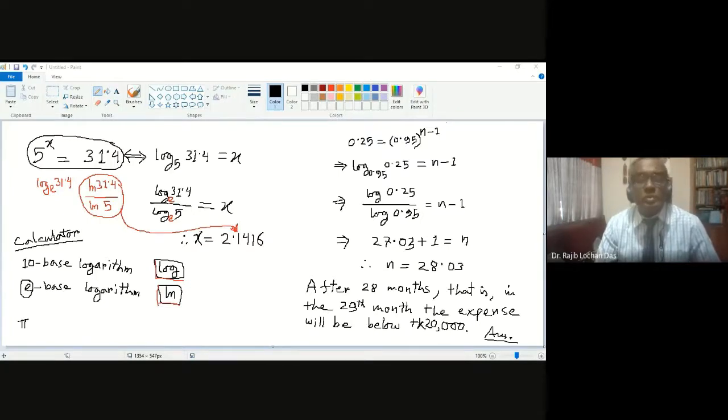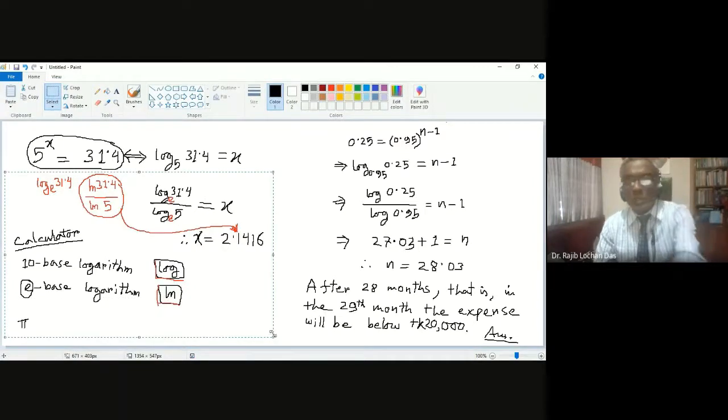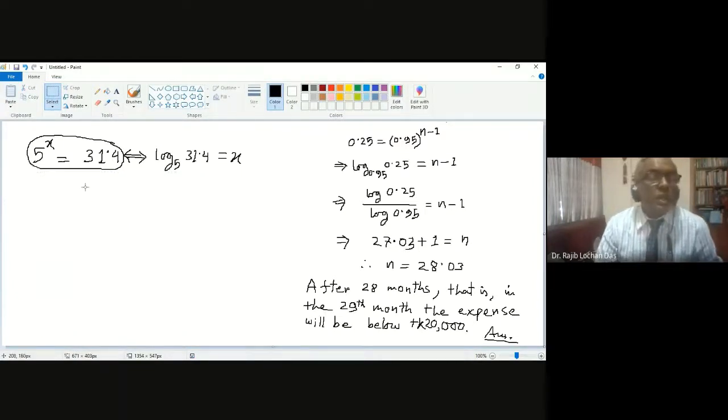Is that okay? Do you understand now? Yes, sir. So now you have to be clear and careful. If you need to find out the power, then you need to use log. No other choice.